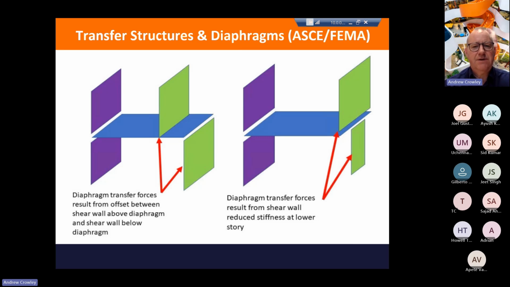And you're also transferring those in the proportions to the stiffnesses of the shear walls in the level below. And you've also got the case on the right-hand side where your stiffness is significantly smaller. So your distribution of the forces on this level, the lower level, is going to be different from the distribution of the forces from the upper level.